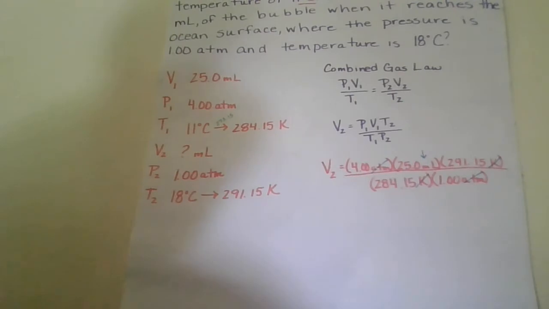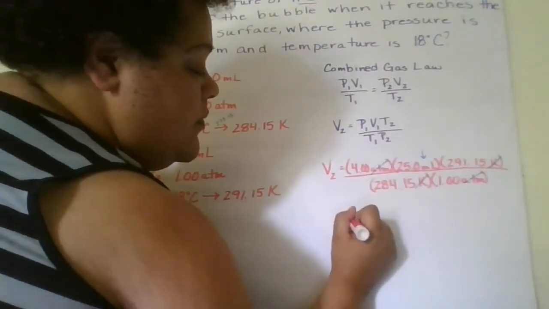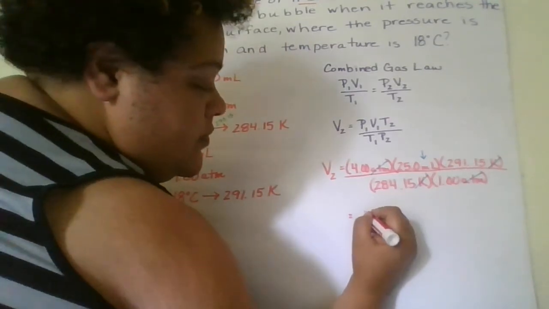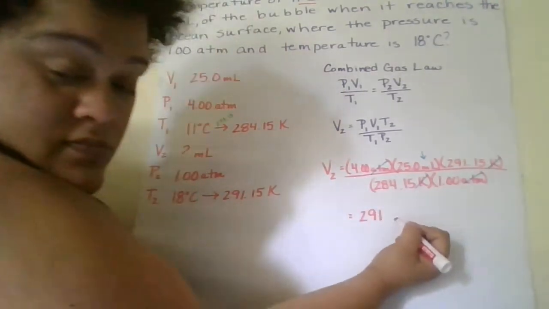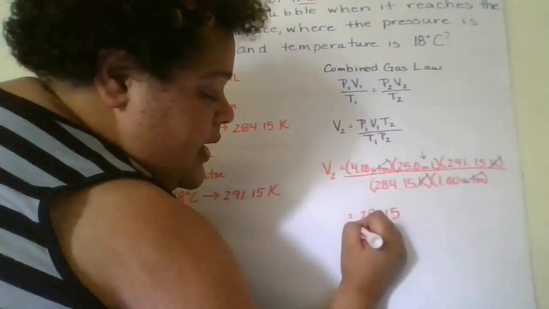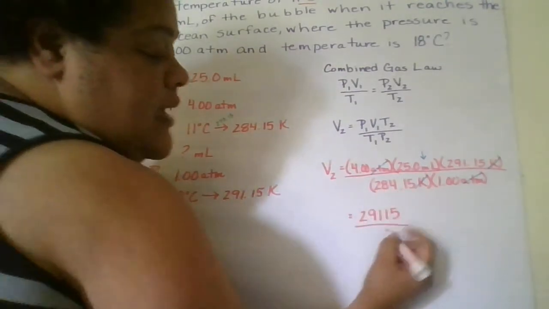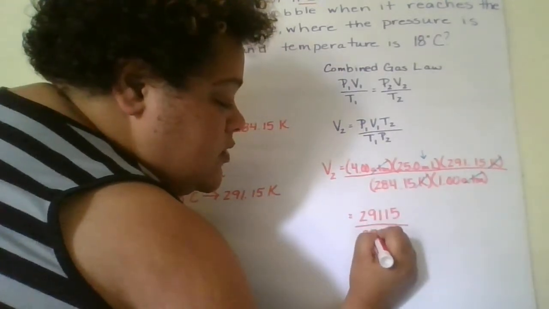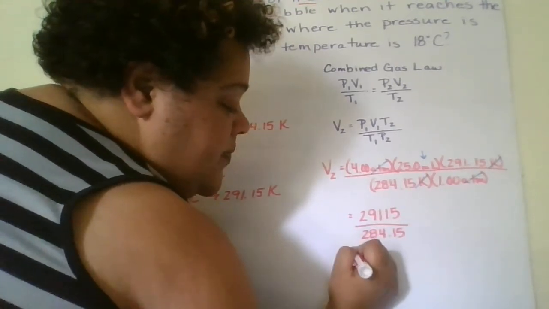The top number that we're going to have, then 284.15 times 1, of course, is going to be 284.15.